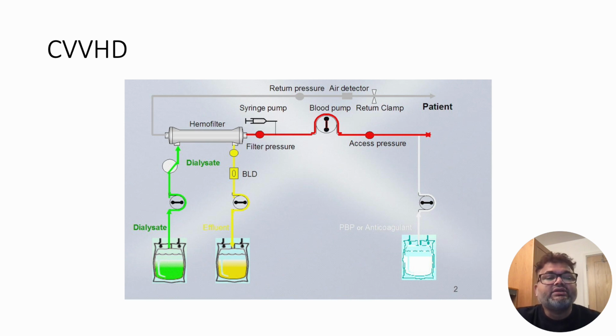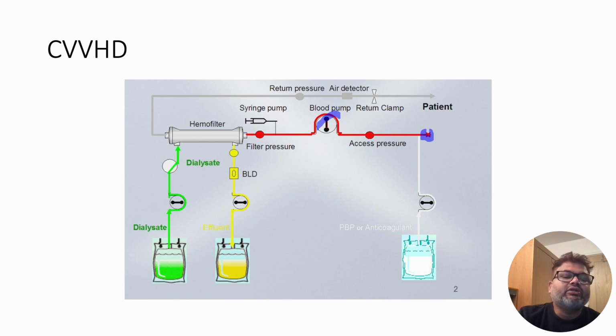This diagram is for CVVHD. It's called continuous veno-venous hemodialysis. This is the same diagram which will be for intermittent hemodialysis. Here you can find same source of blood from the patient, pump which is maintaining flow, pushing the blood inside the filter.